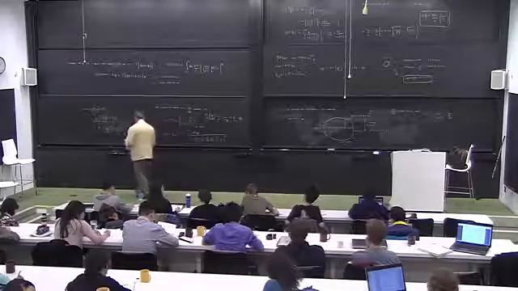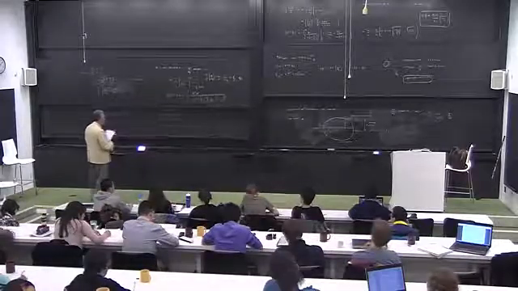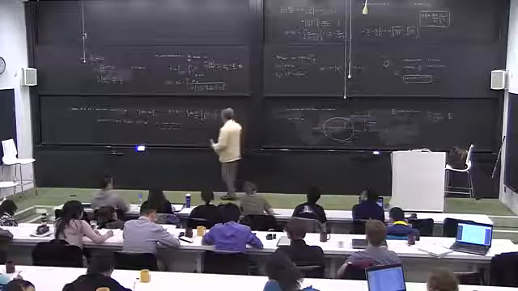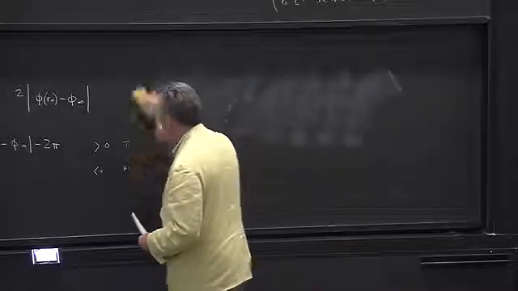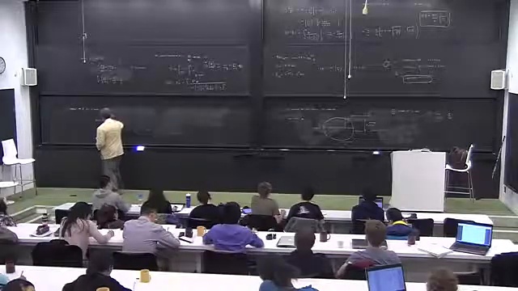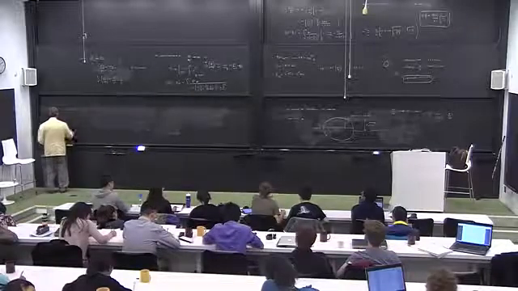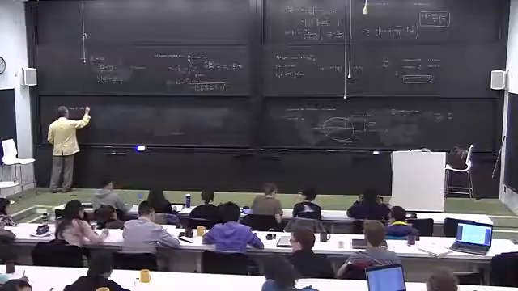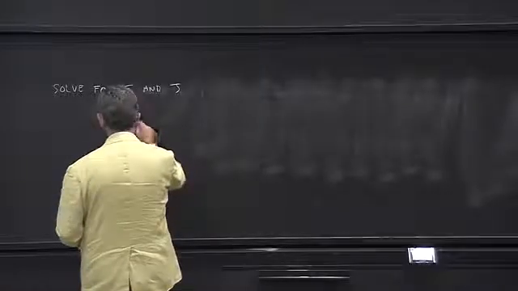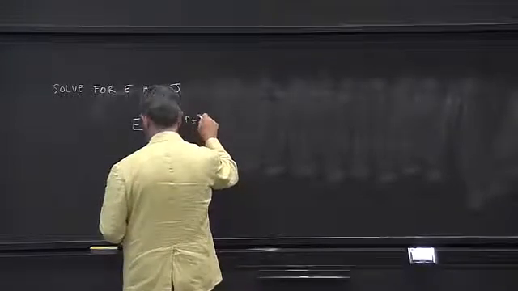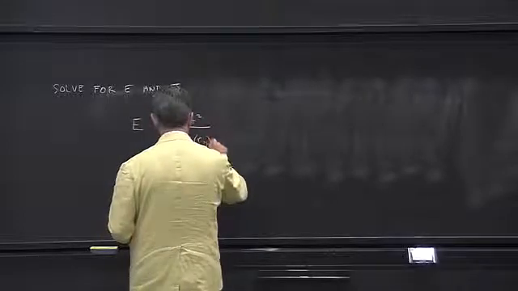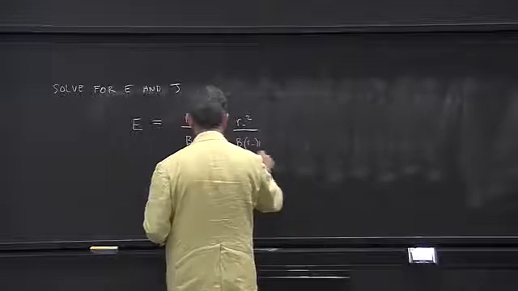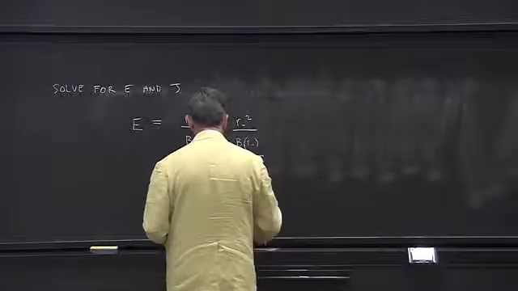So we now solve for E and J. And we find that E is r plus squared over b of r plus, minus r minus squared over b of r minus, divided by r plus squared minus r minus squared.